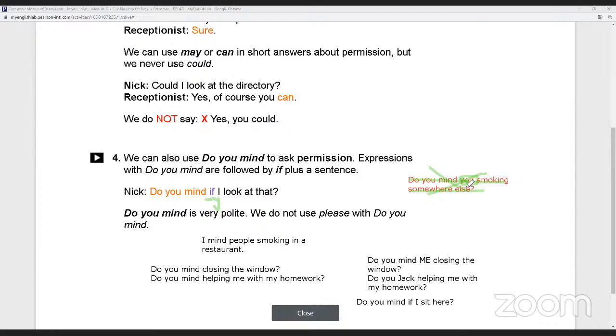Now it's different, but we have to use "if". So as you can see, we have a lot of options. You can use the gerund, and you can use an object pronoun in the middle. Do you mind me closing the window? Do you mind Jack helping me with my homework?